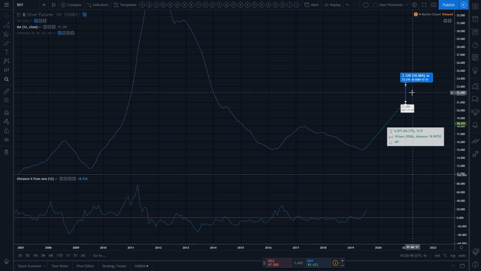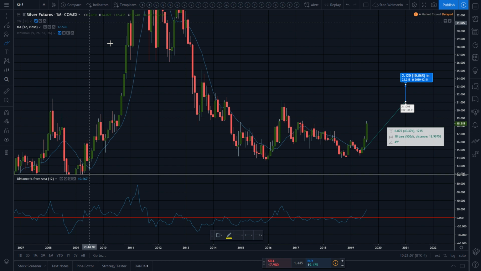So assumptions: if we're keeping the same angle of ascent, we're not going parabolic, we're just steady as she goes, price action goes up. If the price action is going to be 10% above, so if I do a little drawing, here's the 12-month moving average. Well, you can bring back the price action.